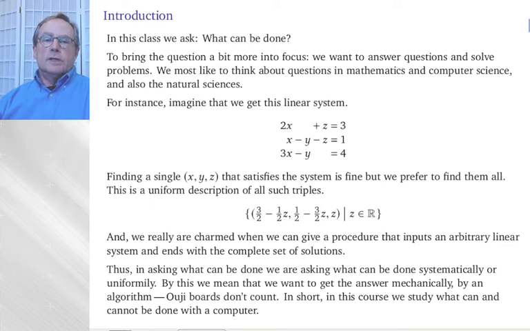So to bring the question into a little more focus, we want to answer questions and solve problems of the kind that we're interested in. All of us in this room have certain interests. We want to be able to answer those questions and solve those problems. We like to think about questions in mathematics and computer science because that's who we are, or questions that are derived from the natural sciences because that's who we are, but we want to answer those kinds of questions.